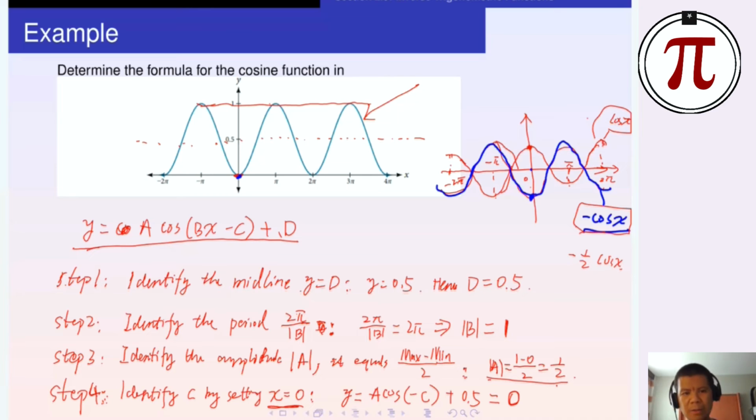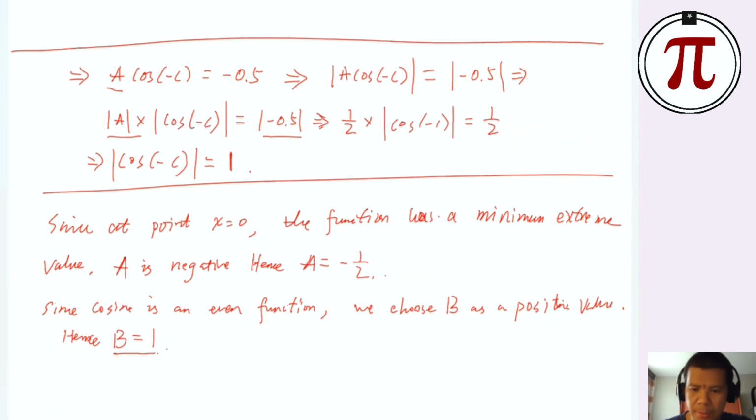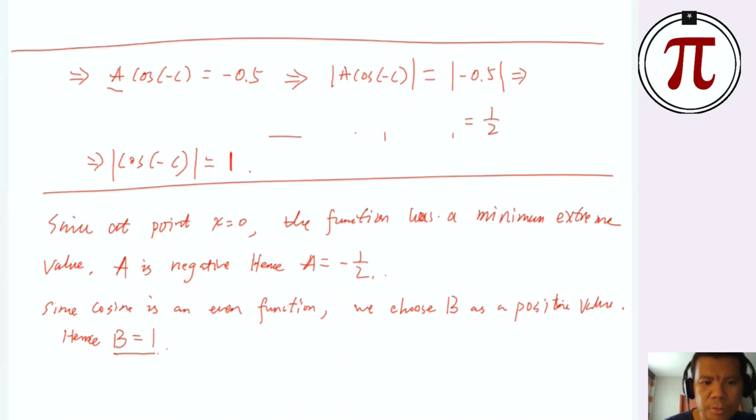How can I visualize this? If I have GeoGebra, it is going to be much better. Anyway, I think what we can do is start from here. Let me just erase this part.